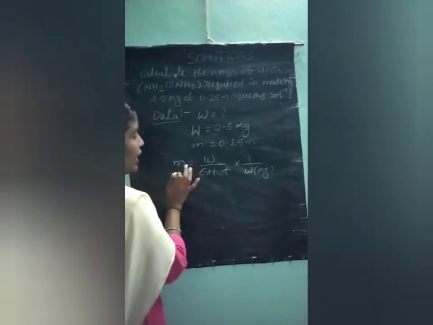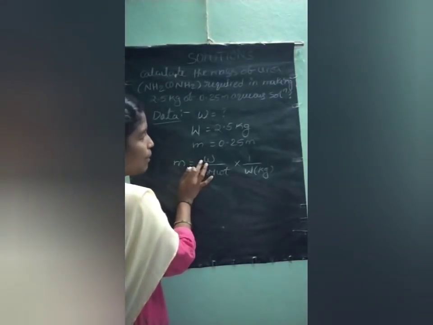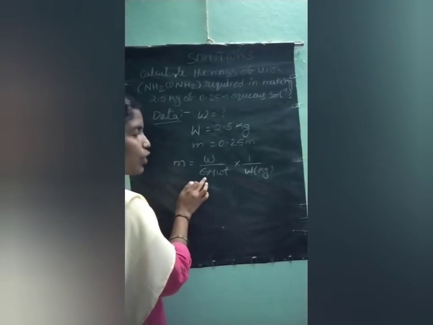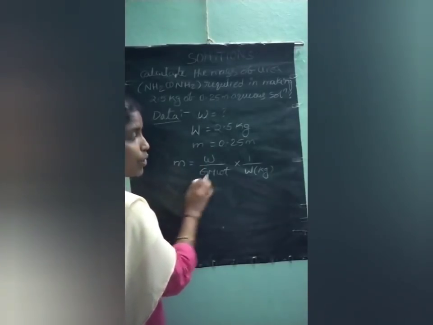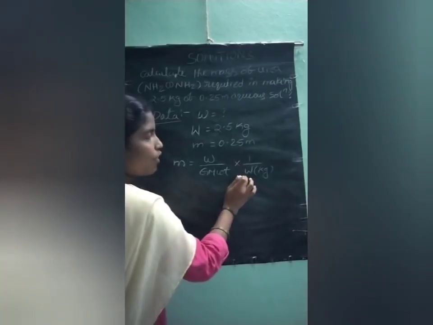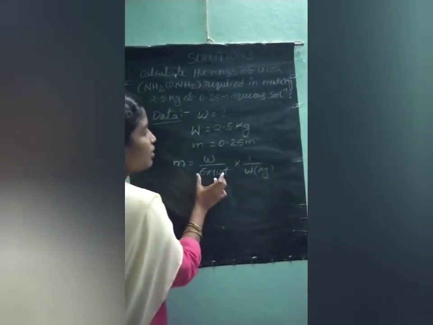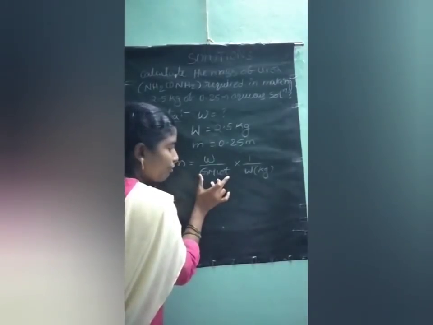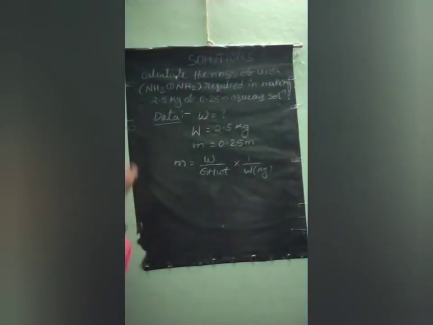Okay, so in this formula, W we don't know, and molality we know, and gram molecular weight of the solute we don't know, and weight of the solvent we know. So by solving this problem we find the gram molecular weight of urea.